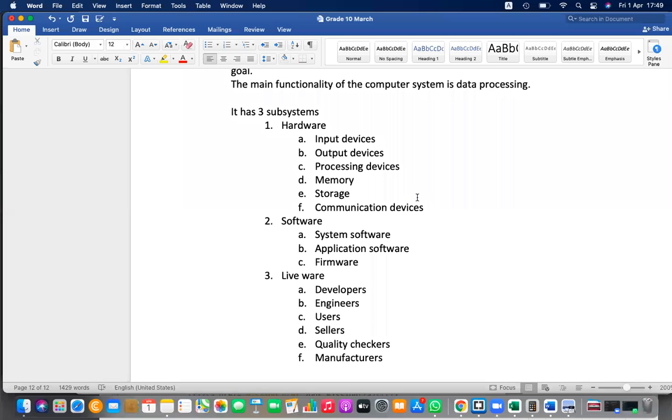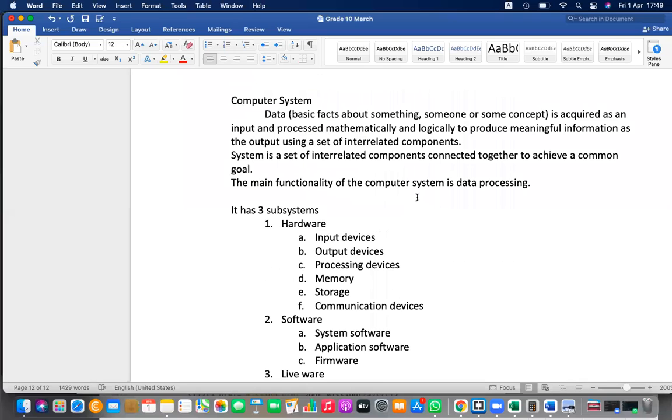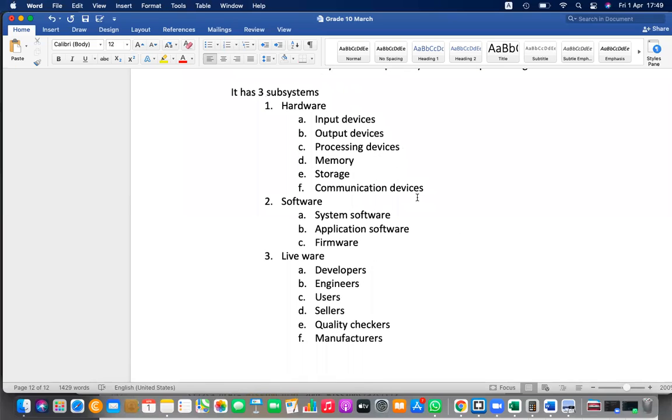Okay, so the computer system has 3 main subsystems. Hardware means physical or tangible components. These are very basics, but sometimes you might not know them.